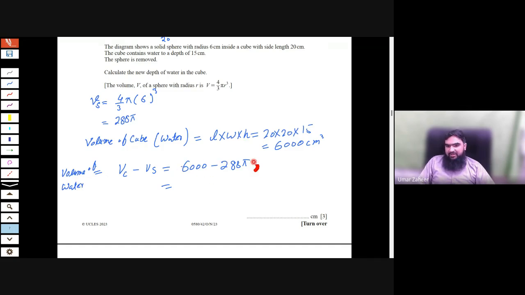6,000 minus 288 pi. We will not round off the answers until we get the final answer, because all of these are leading answers, not final answers.